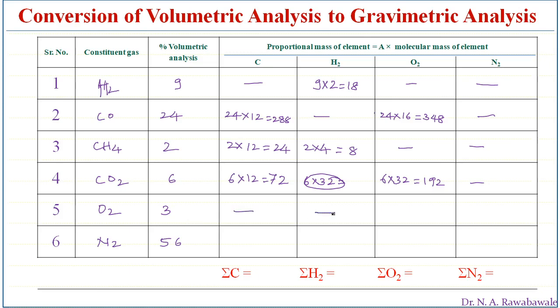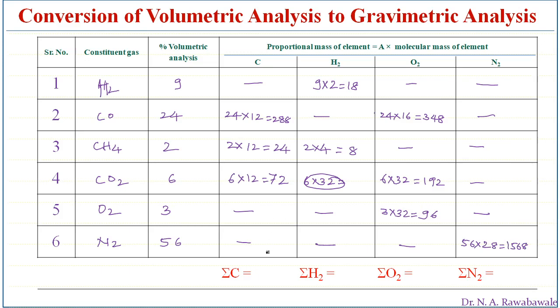For oxygen, no role of carbon, no role of hydrogen: 3 into 32 is equal to 96, and no role of nitrogen. For nitrogen, no role of carbon, hydrogen, or oxygen: 56 into 28, molecular mass 28, works out to be 1568.